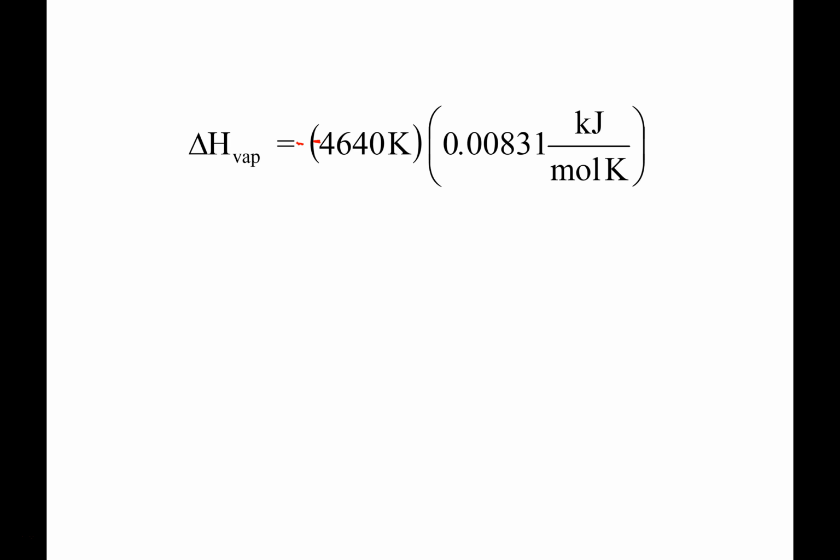So that gives units for the slope of Kelvin. Units of R are kilojoules per mole Kelvin. So of course Kelvins cancel, which gives us heat of vaporization in terms of energy per mole, which is perfect. Rounding to 3 sig figs, I get 38.6 kilojoules per mole.